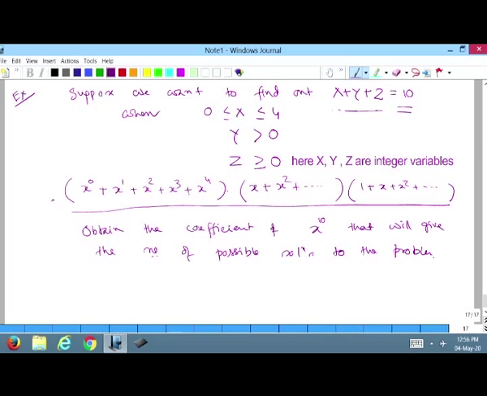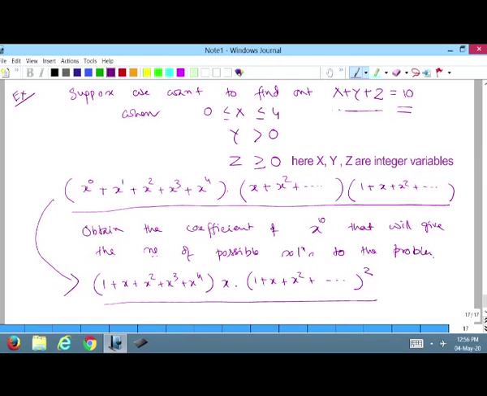So, let us try. We have 1 plus x plus x square plus x cube plus x to the power 4 multiplied by x. If we take out x, then we get 1 plus x plus x square up to infinity, whole square. So, let us try to find out the coefficient of x to the power 10 in this.